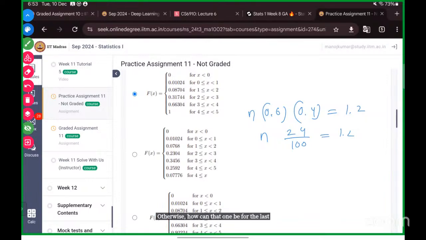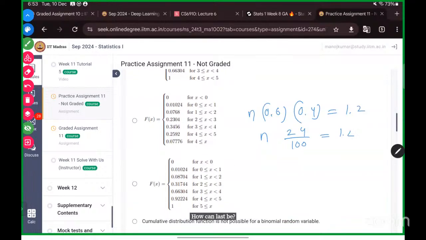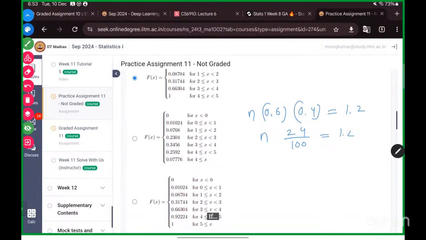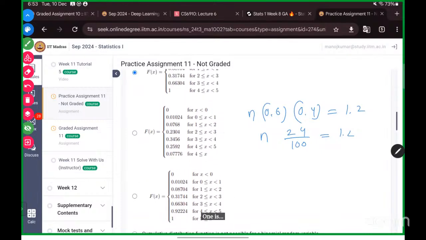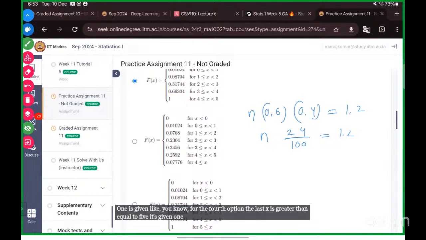The summation of all the probability has to be one if a probability mass function is given. So in this option, one can't be there. For the fourth option, the last x greater than or equal to 5 is given 1, so that option cannot be there.